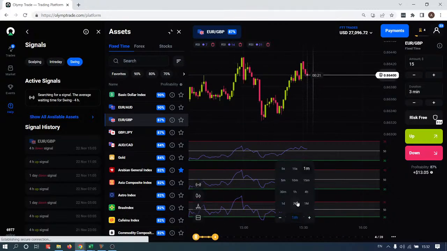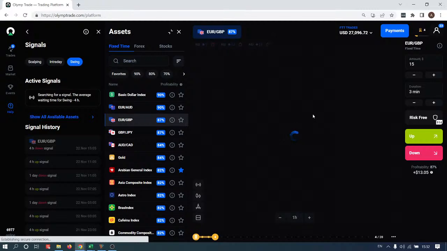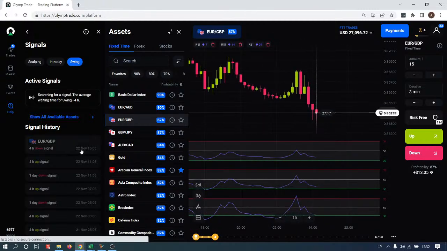So for example, let's switch to 1 hour time frame and look at this signal, euro GBP. Okay, swing signal. This signal appeared at 15:05, just recently. It's a fresh signal, but this one appeared at 11:05. So that was somewhere here.